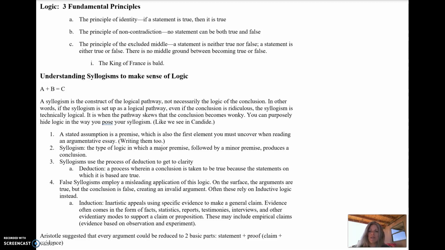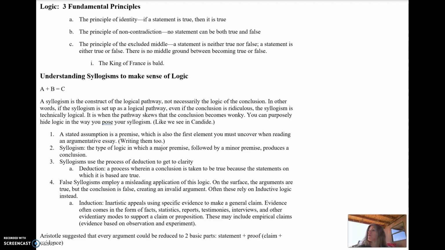So I'll reread it. In other words, if the syllogism is set up as a logical pathway, even if the conclusion is ridiculous, the syllogism is technically logical. It is when the pathway skews that the conclusion becomes wonky. So you can purposely hide logic in the way you pose your syllogism, like we see in Candide.